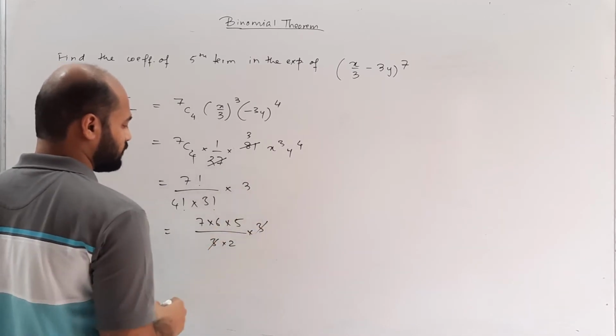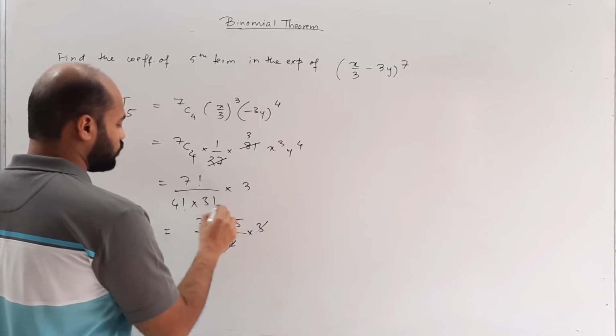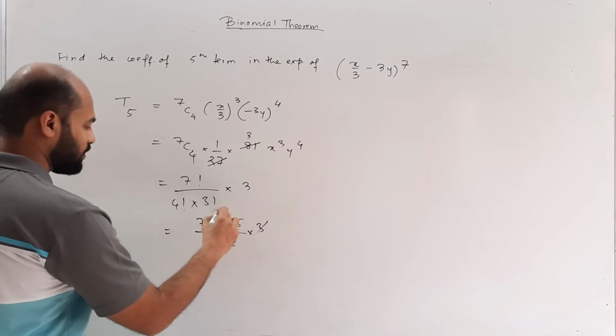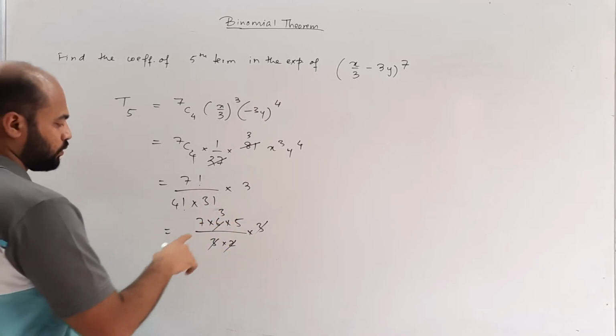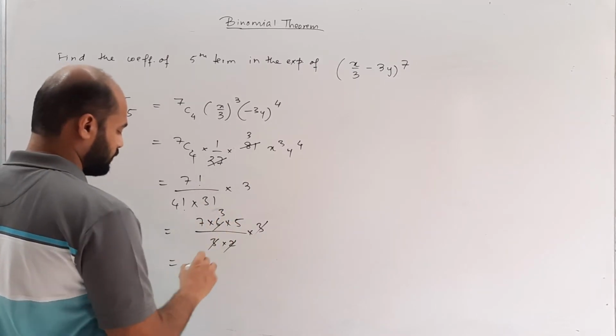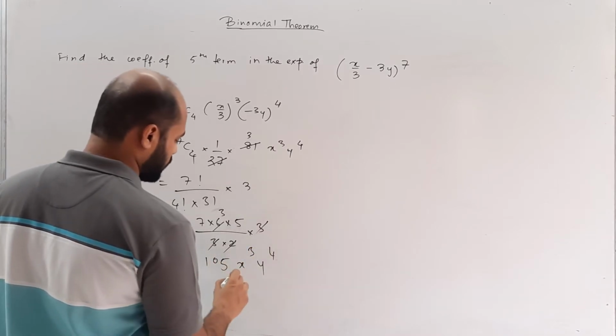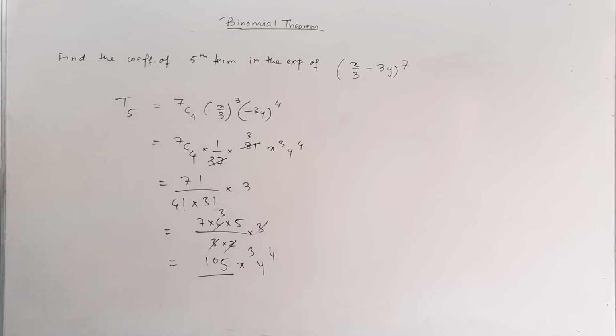So this 3 goes, and then this is going to be 2. So in fact this is 3. So 21 into 5, this is going to be 105 x cube y raised to 4. So the answer of this question is 105. That is the coefficient of the fifth term.